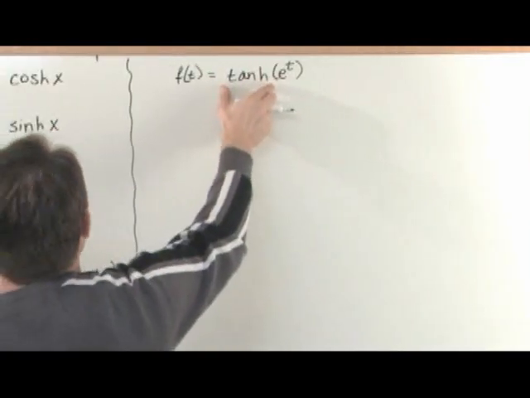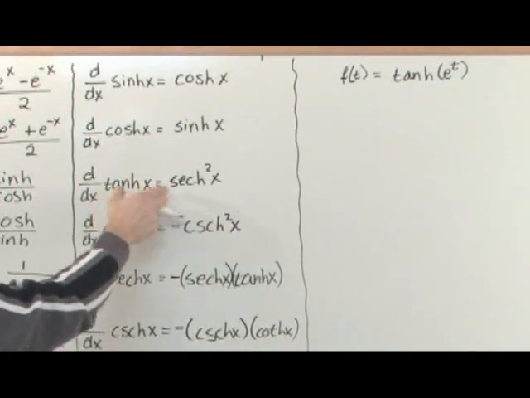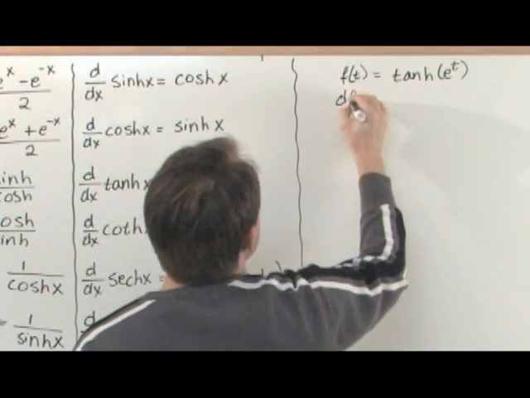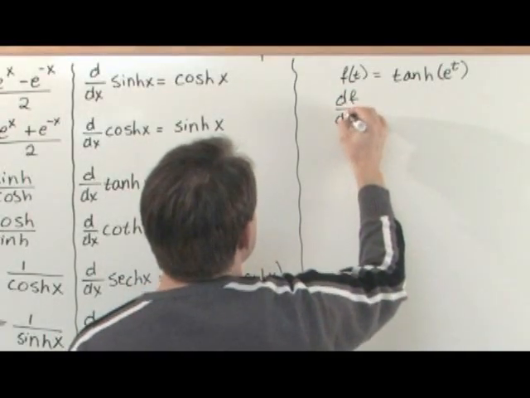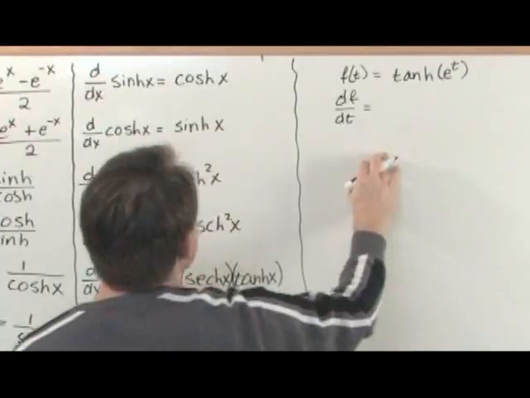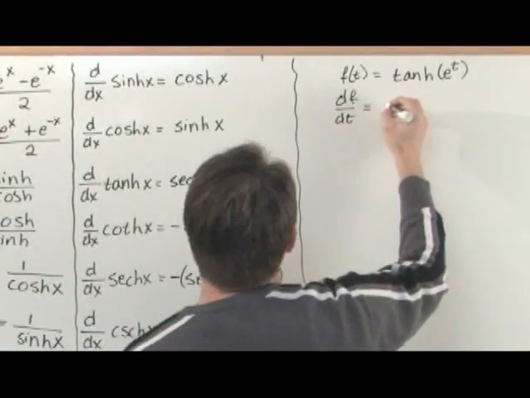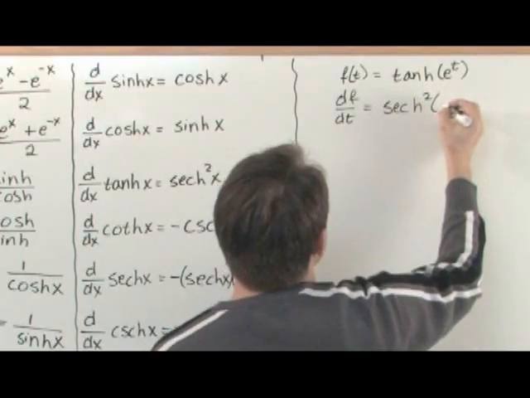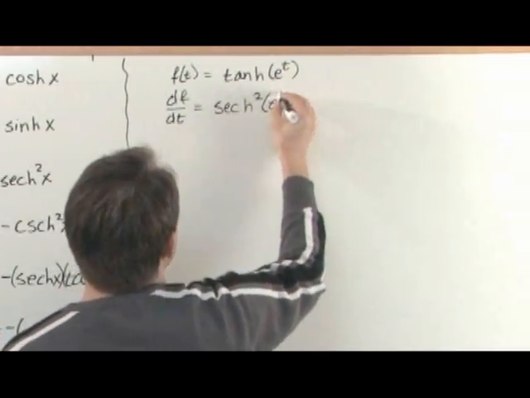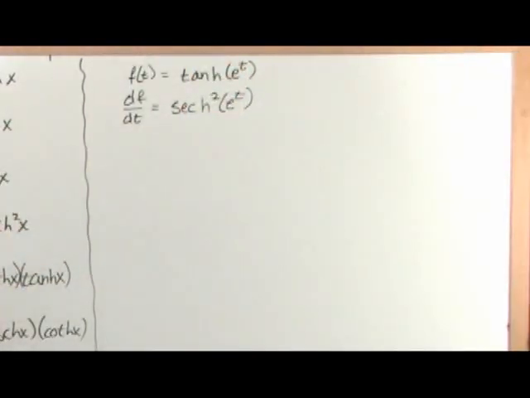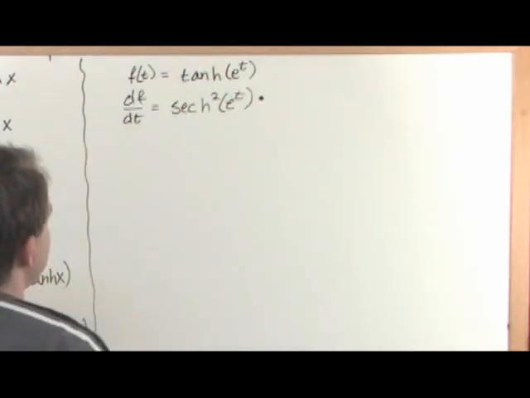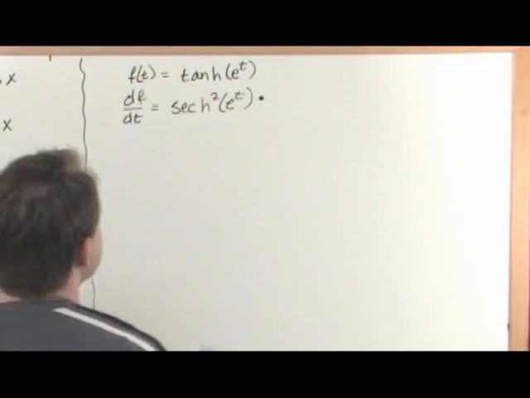So if you look back, the derivative of the hyperbolic tangent was given as hyperbolic secant squared. So the first thing you do is you say, well, the derivative of hyperbolic tangent is hyperbolic secant squared of the argument that I had. So you just put the argument right in there, and then in order to make a complete chain rule, you just multiply by the derivative of the inside, and that completes the chain rule.